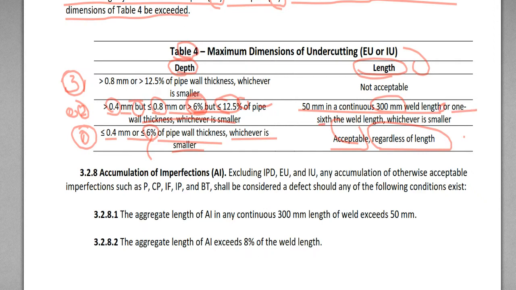Or 1/6 of the weld length, whichever is smaller. So you just select the smaller one.